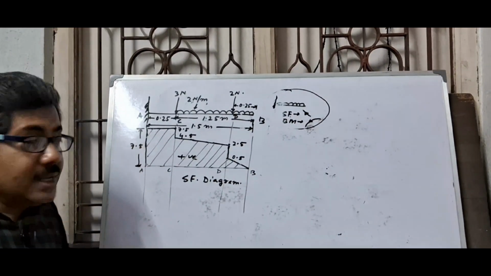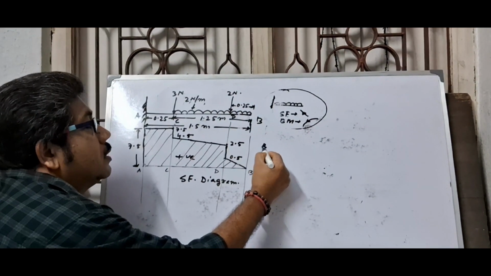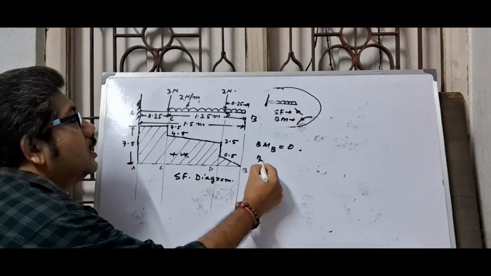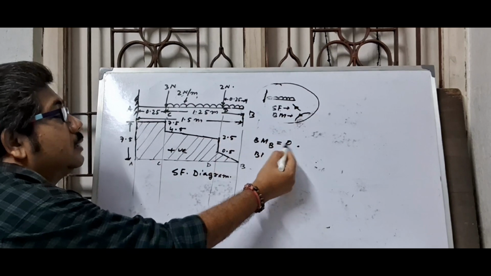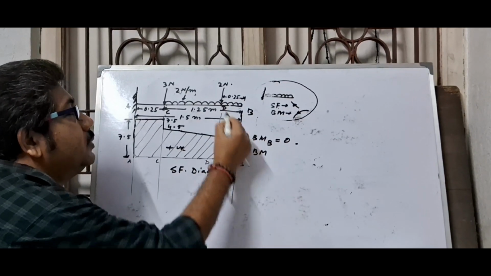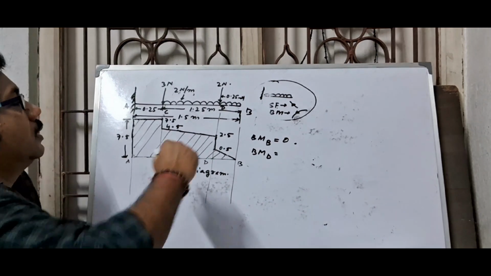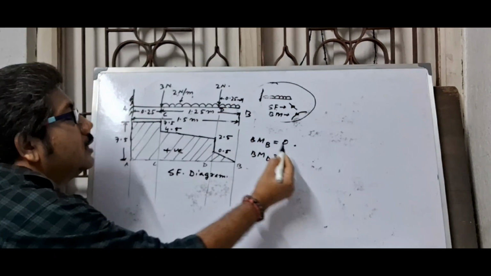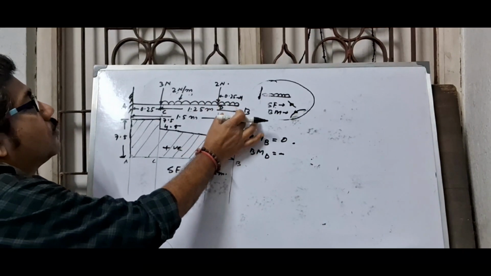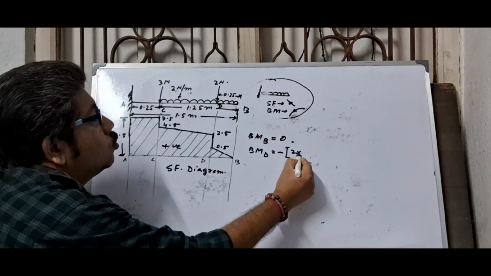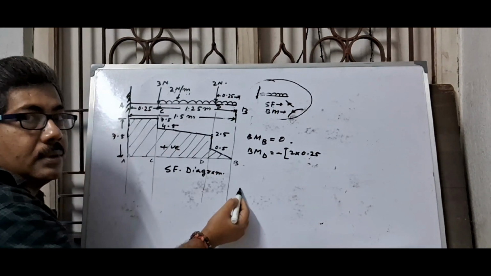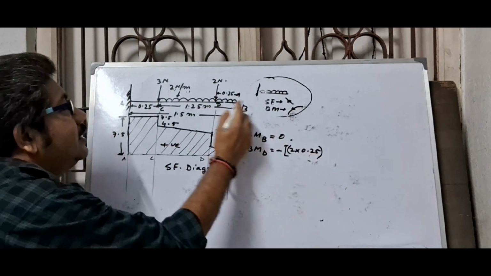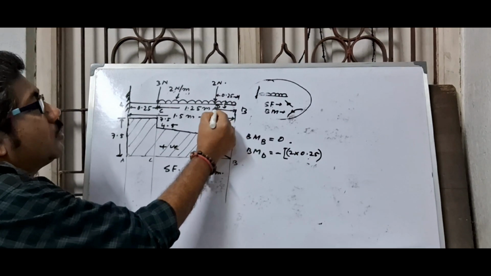Bending moment at point B. There is no force, so bending moment is 0. Now bending moment BM at point D. At first you take the value of UDL, per meter 2, and for 0.25, 2 into 0.25. This is the force, and this force is acting at the middle point of BD.